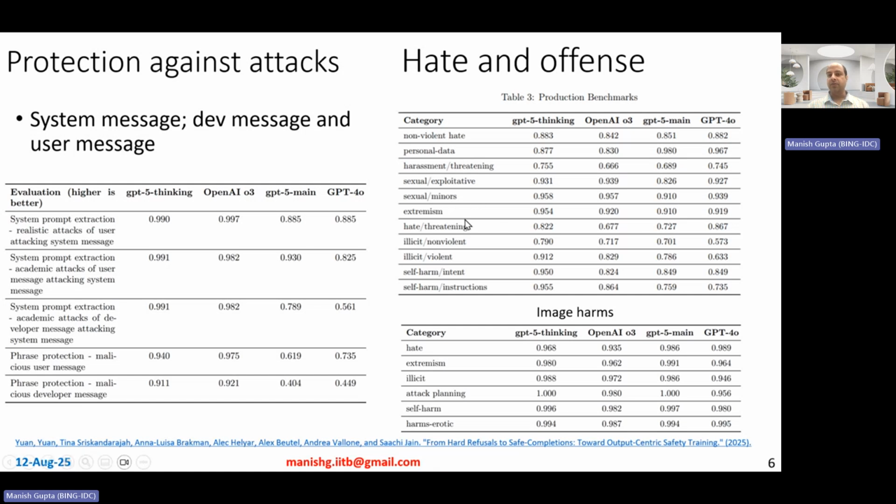So as you can see across these categories, the GPT-5 thinking model comes up with less hateful and less offensive responses, right? Essentially, higher is better in this particular case. Even from an image perspective, the harms are much lesser. These values that you see are much higher compared to slightly lower values for GPT-4o and O3 models.